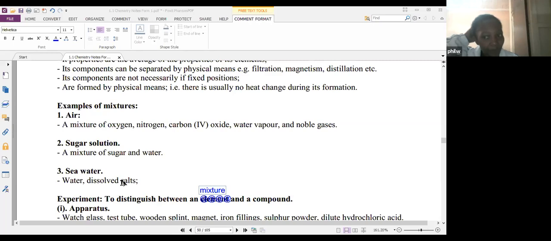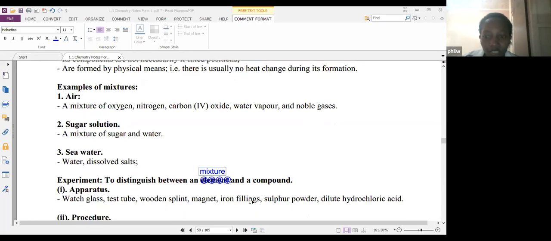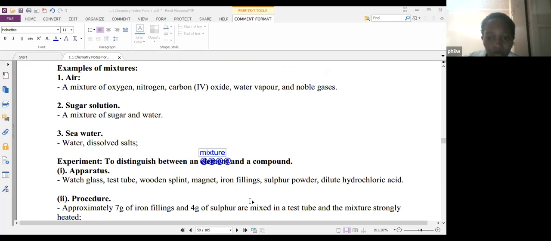Now, there's an experiment that is done so that we can give the differences between a mixture and a compound. I want you to be very keen on this because it is a very common question that comes in the exam and I want you to understand.